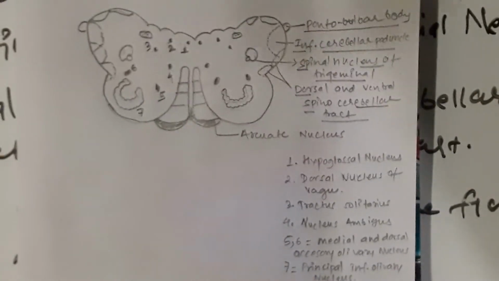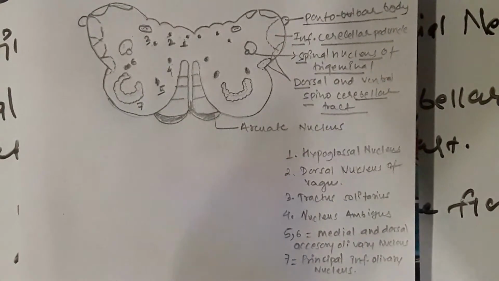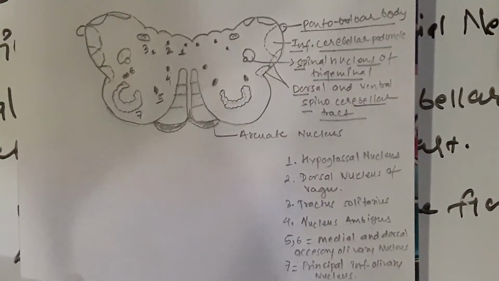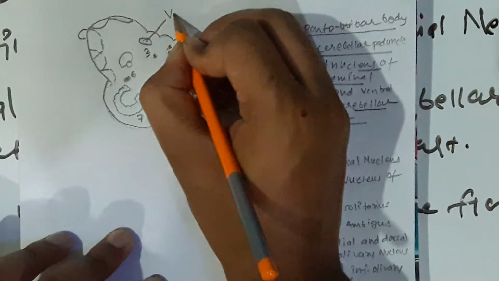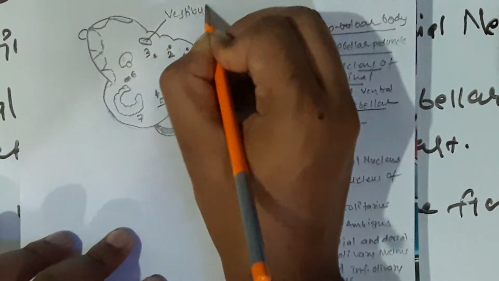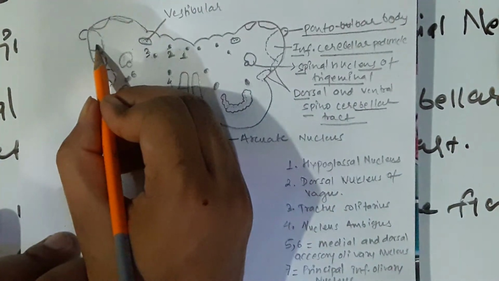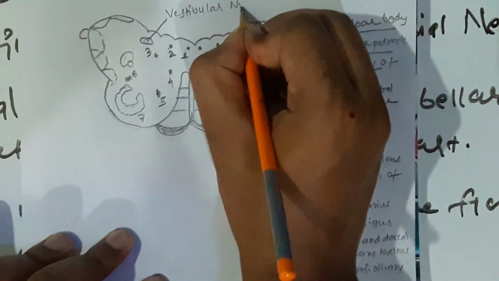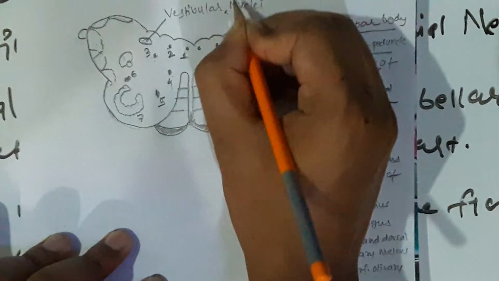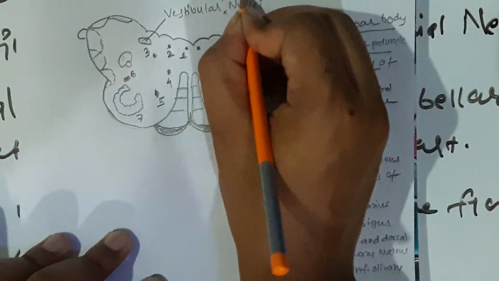Once again, now we have left some of the parts. This is the vestibular nuclei, medial to the inferior cerebellar peduncle. It is the vestibular group of nuclei, or you can also write vestibular nuclei.